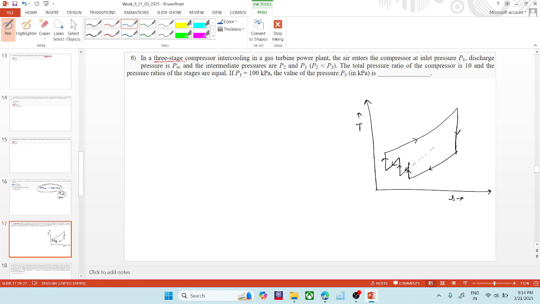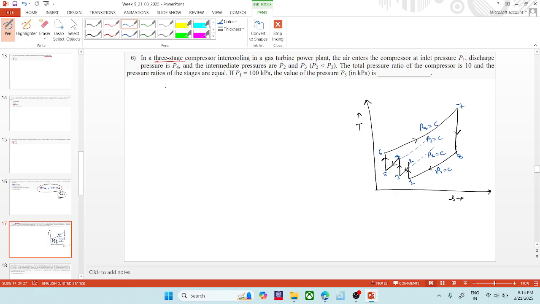And let's suppose this is pressure P1, this is pressure P2, constant pressure P3, and this is the constant pressure P4. The processes are 1, 2, 3, 4, 5, 6, 7, and 8.